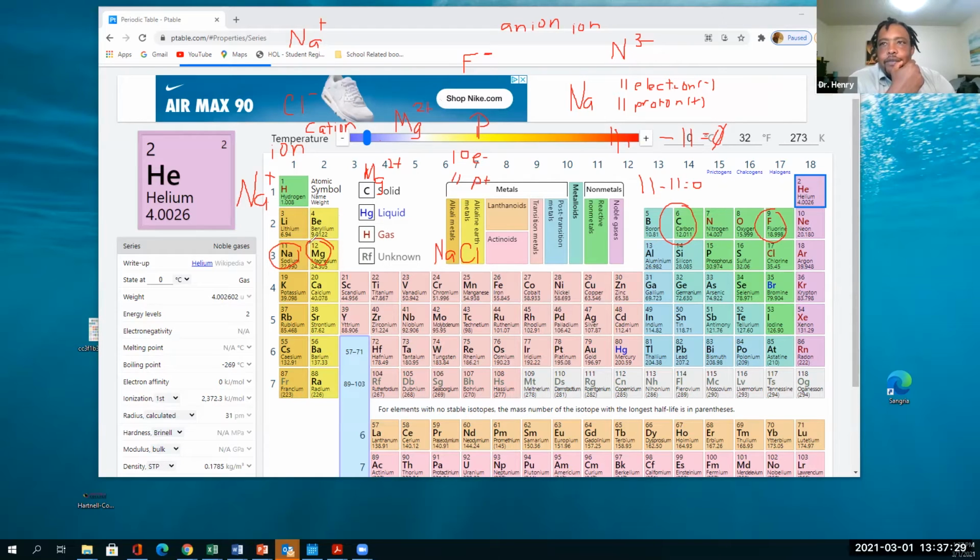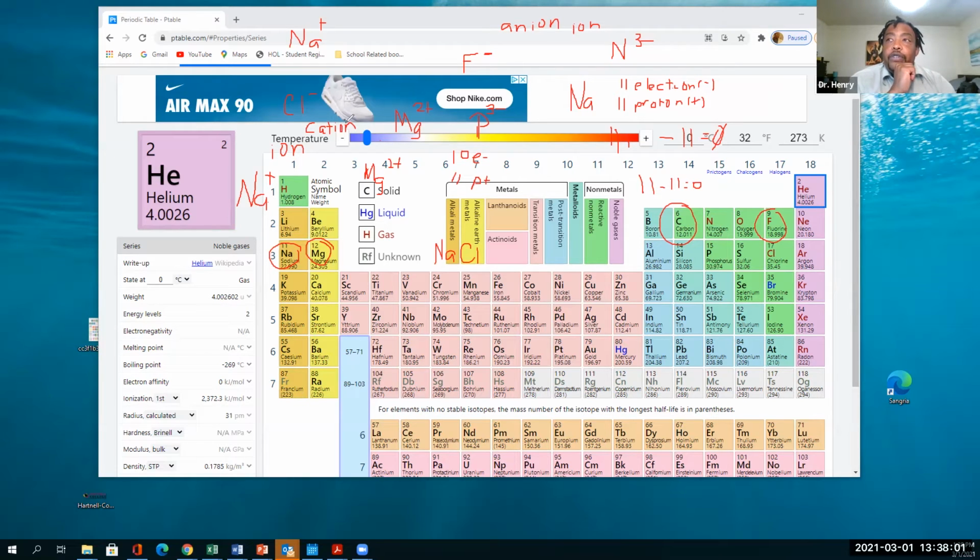It's 2 away, 1, 2, to be like neon. Okay, what about the phosphorus? How far is it away? 3 away from argon. So then it would be obviously 3. 3 what? 3 minus or 3 plus? 3 minus. That is correct because it's gaining electrons.